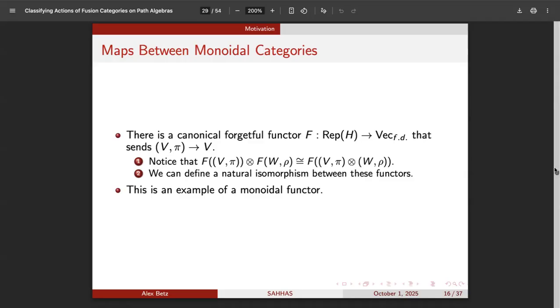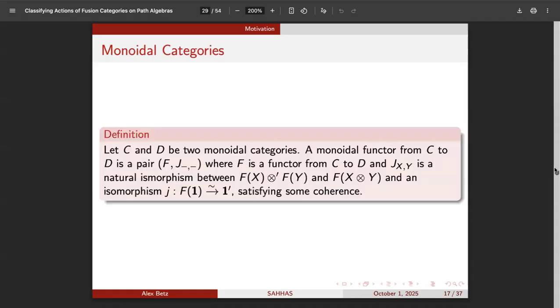So let me formally define it. If we have two monoidal categories, a monoidal functor. If you work in fusion category theory or category theory in general, you have this structure versus property conundrum. When I say I'm a monoidal functor, it's not just a functor with the property that that equation on the last page was true.